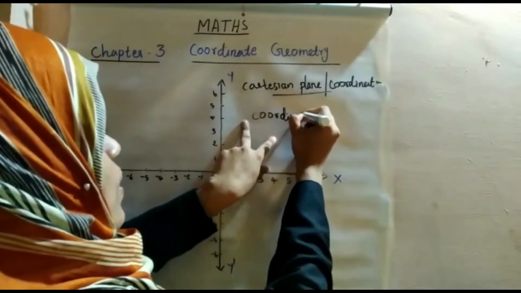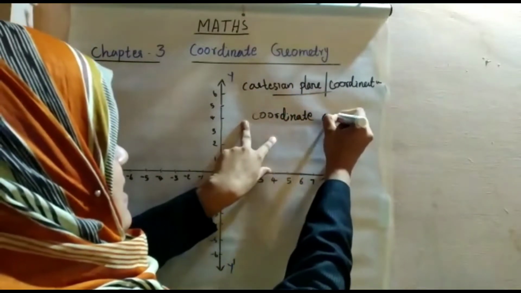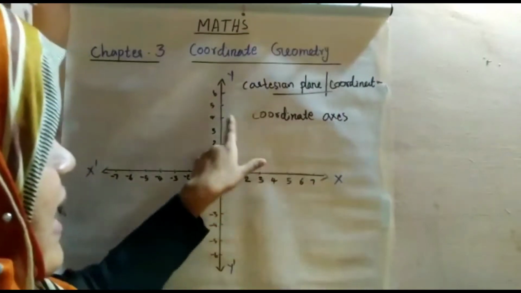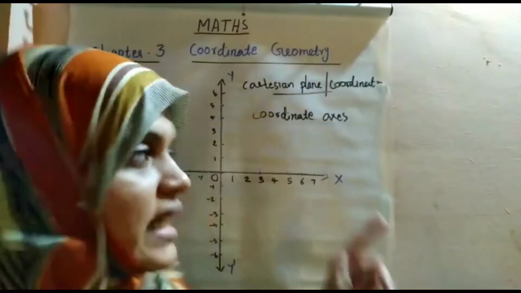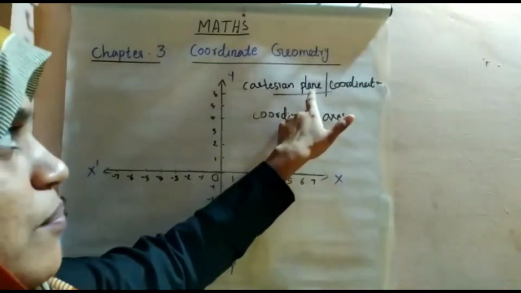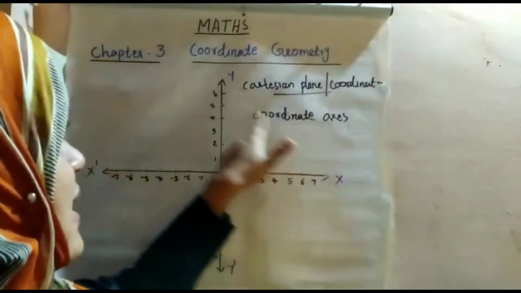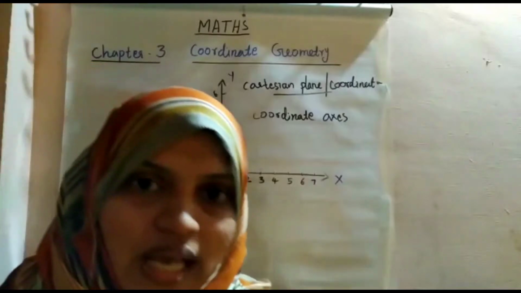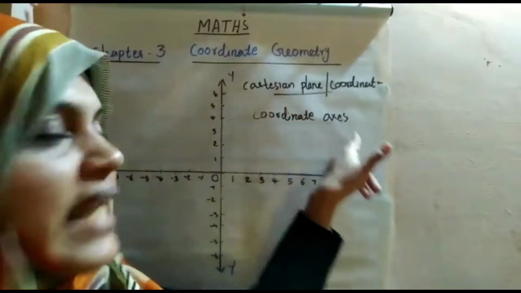Vertical line and horizontal line together are called coordinate axes. This plane is called the Cartesian plane or coordinate plane, and these two perpendicular lines are called coordinate axes.